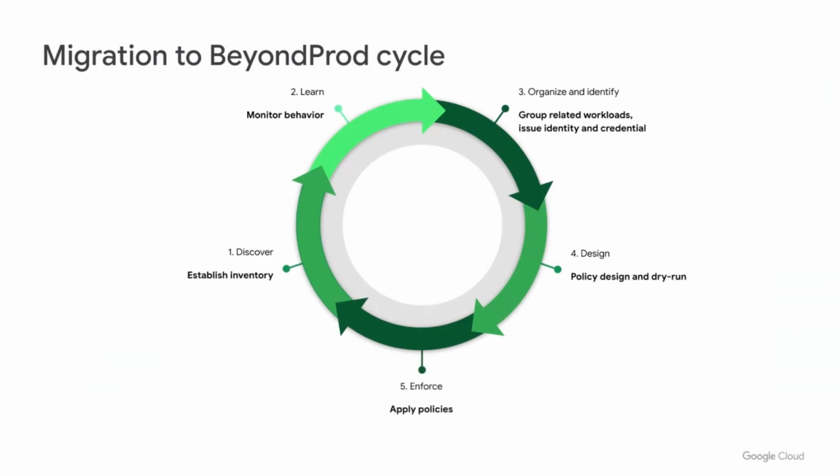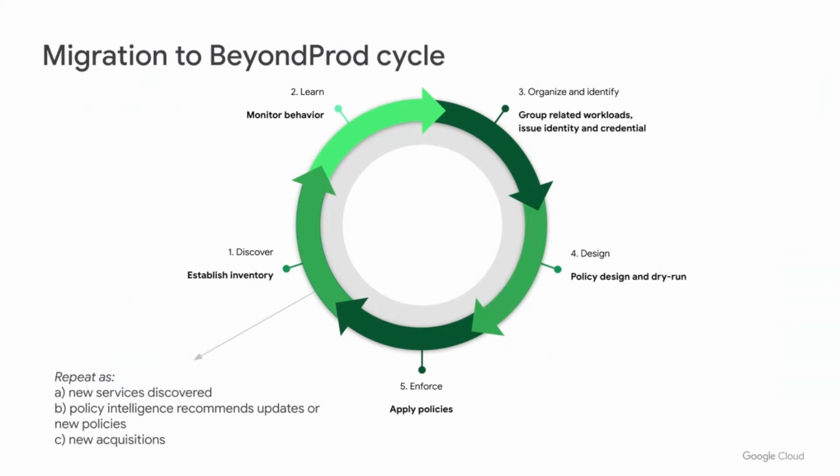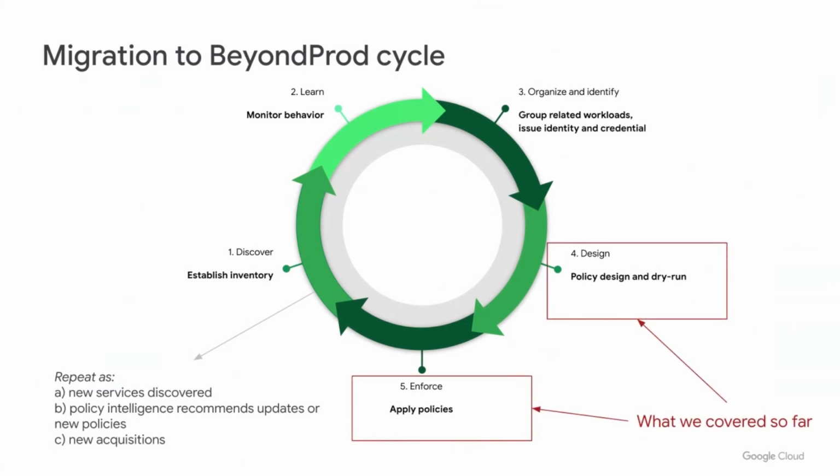And once you have confidence about the policy, actually enforcing them. And this repeats itself as new services are discovered or the policy intelligence recommends new policies or new acquisitions happen, right? And today we covered these 2 parts, step number 4 and 5, as part of the authorization experience.